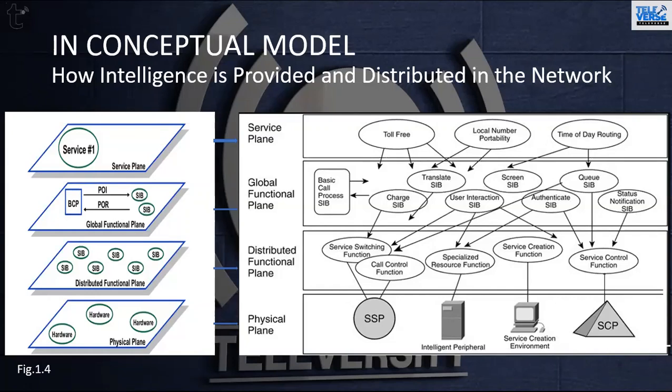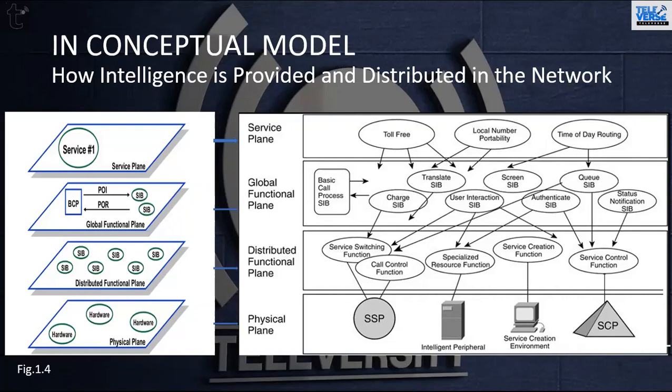And then going to the distributed functional plane, we have the service switching function. It's a functional plane. So what function is the physical plane performing? If you look at the SSP, the round box, you see call control function, service switching function. For the intelligent peripheral, you see specialized resource function.